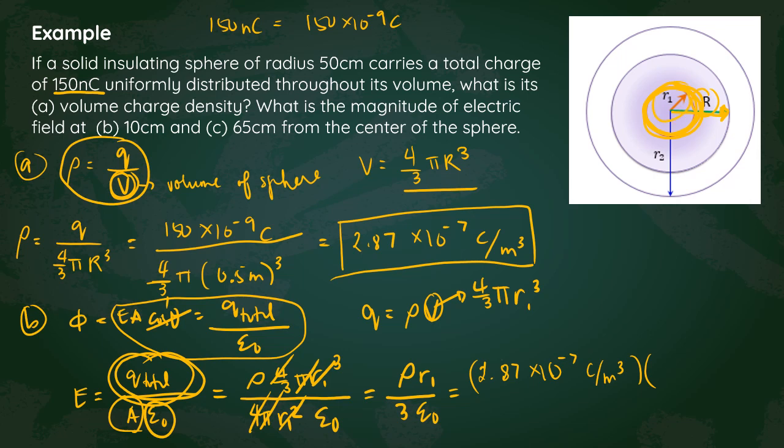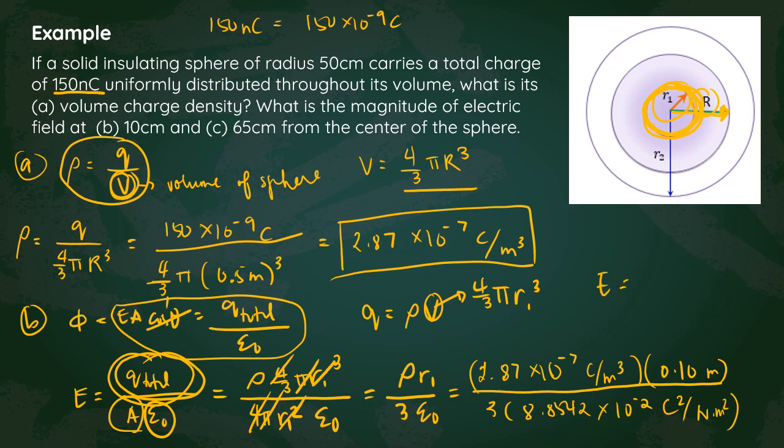Your R1 is 10 centimeters, so that's 0.10 meters, over 3 times 8.8542 times 10 raised to negative 12 coulomb squared per newton meter squared. So our electric field at R1, if you input that in your calculator, will be 1080 newtons per coulomb.